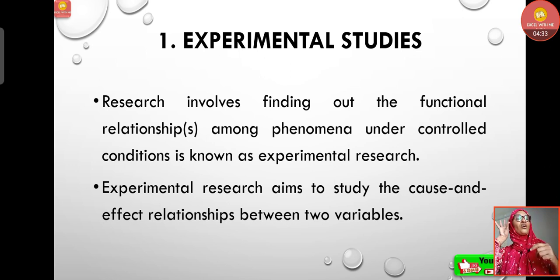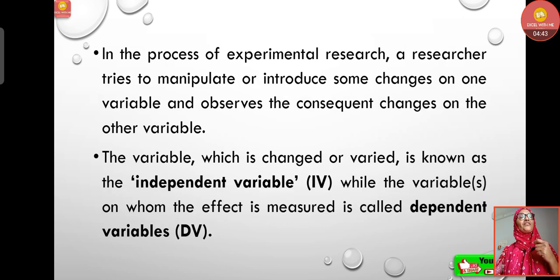So what is the cause of this particular problem? What will be the effect of this if it happens? That will be experimented here. In the process of experimental research, a researcher tries to manipulate or introduce some changes in one variable and observes the consequent changes in the other variable.